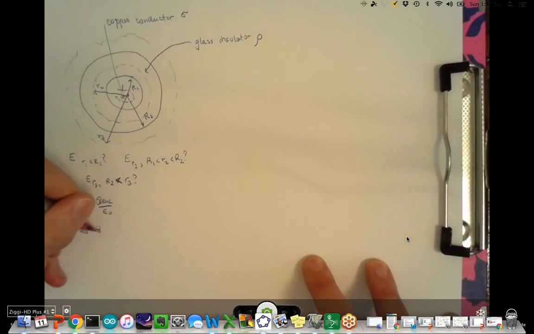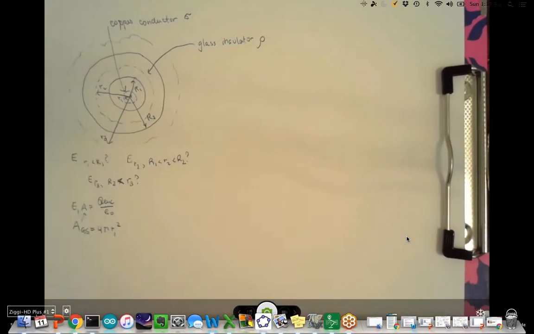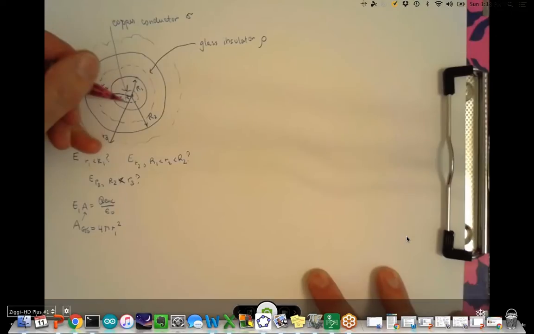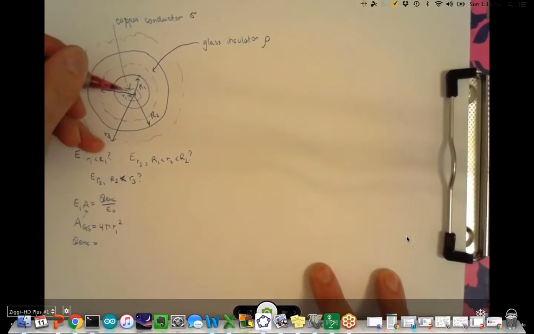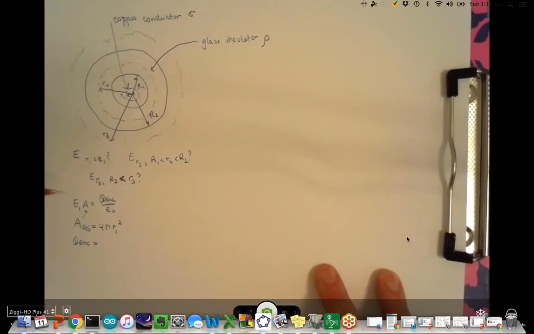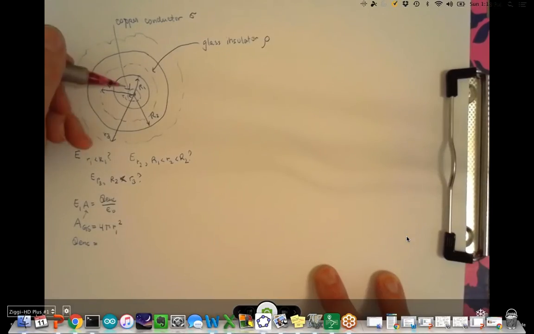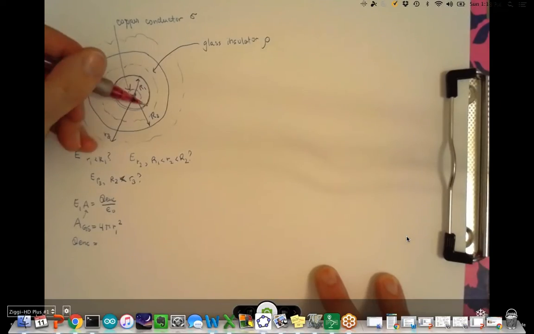So it's going to be 4 pi little r1 squared. That's the area of our little Gaussian surface, the dotted line inside here. All right, Q enclosed is going to be equal to either sigma times the area or rho times the volume. We're looking at a copper conductor, this one inside here. For a conductor, you're going to find all the charge on the surface.